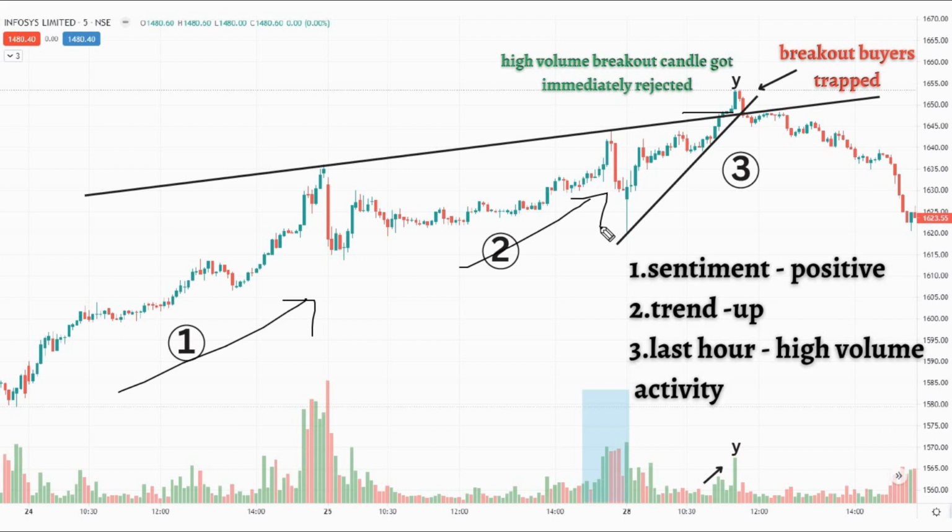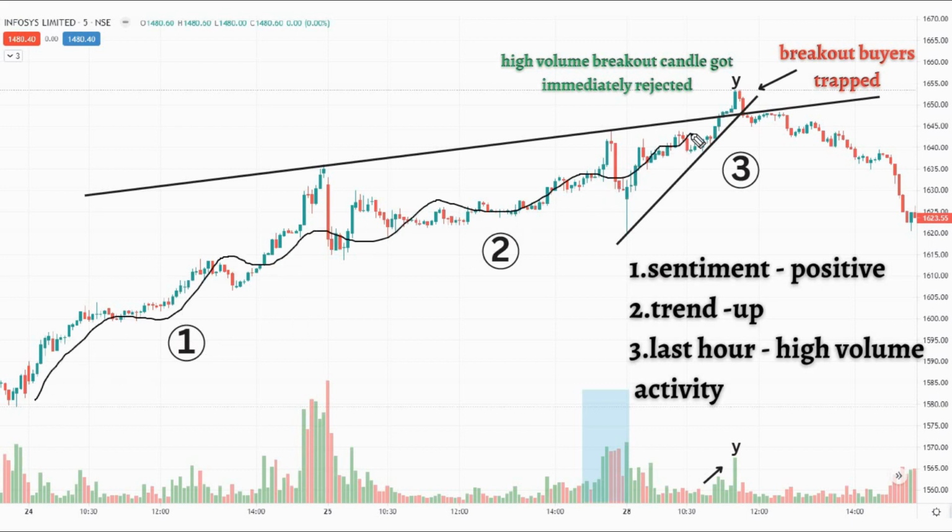Now see here, on the third day prices open gap down. Okay, prices opened gap down, then again bulls push the prices towards the upside. So from here prices are continuously moving towards the upside without any deep retracement.